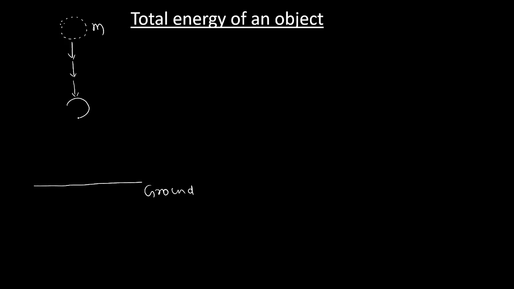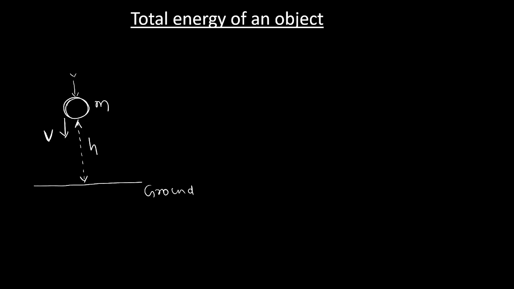On the way, at a particular instant, the body is at a height h, and it is moving with a velocity v. The initial situation, you just forget about that.